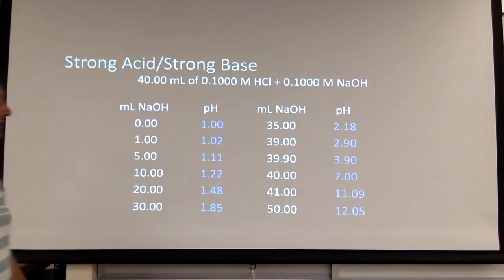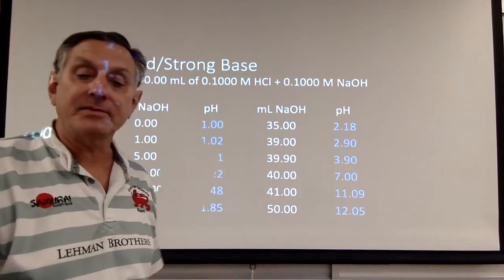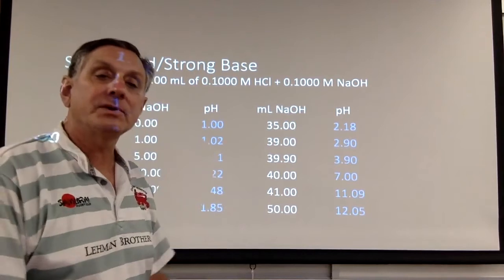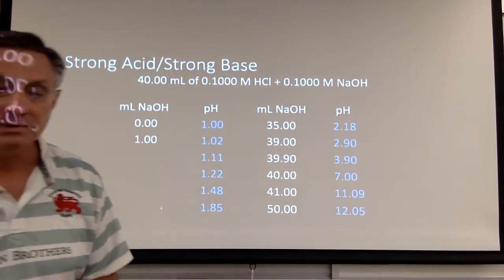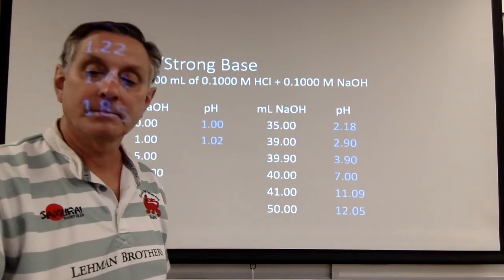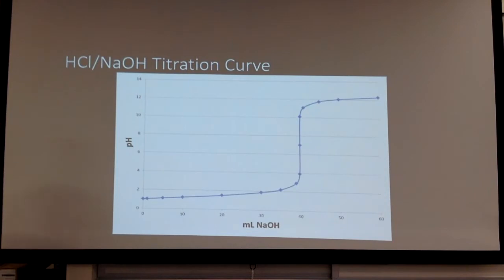Okay, these are the calculated values for the pHs. So compare your numbers. Notice that we've already calculated probably half of these. This is how you do calculations for strong acid, strong base titrations. This is what the curve looks like. This is the plot of the data that we just calculated.